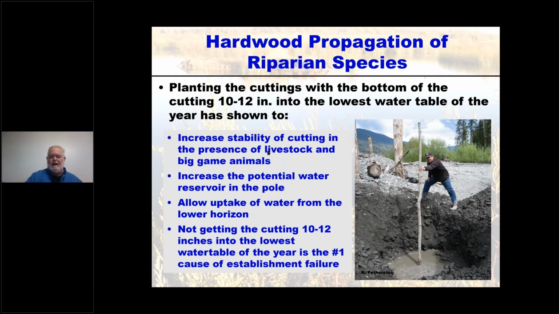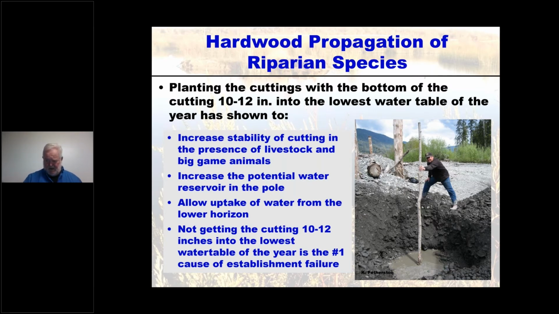If you can do that, you're going to increase the stability of the cutting, and you get a lot better results from things like cows or elk chewing on it. It increases the potential of the water reservoir in the pole, which is going to give you better success, better leaf production, etc. It allows for the uptake of water from a lower horizon than what you would otherwise get. So you're going to be able to get those cuttings to grow in areas where you might not get containerized plants to grow.